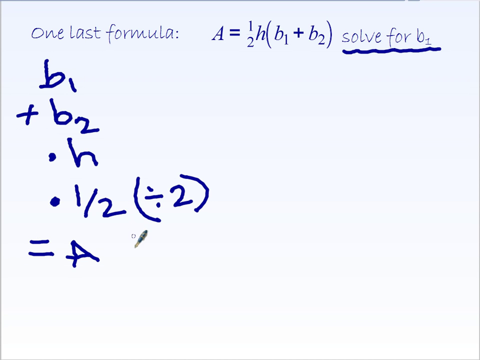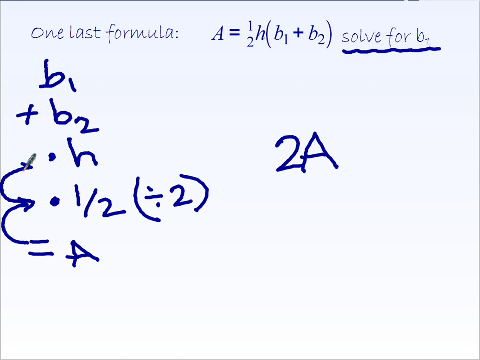Now to rearrange this formula, I'm going to start again with the bottom of my list, and I'm going to start with A. Going up my list, the opposite of multiplying by 1/2 is multiplying by its reciprocal, which is multiplying by 2. Or because 1/2 is the same as dividing by 2, I can see even better that the opposite of dividing by 2 is multiplying by 2. So I'm going to take that A and I'm going to multiply by 2.